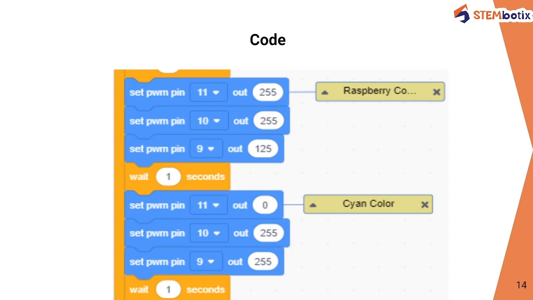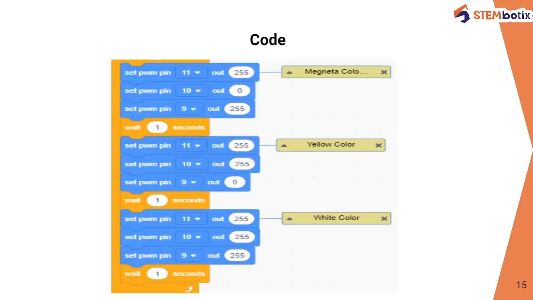Let's talk about another scenario. If we need a cyan color, then we just need to turn off the red LED, because in cyan we don't need red, we just need blue and green. So by mixing the blue and the green color, we have a cyan color. Let's talk about a magenta color.